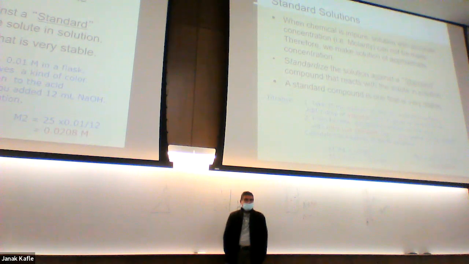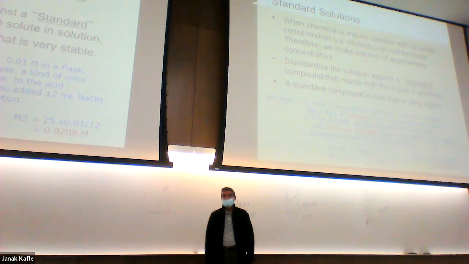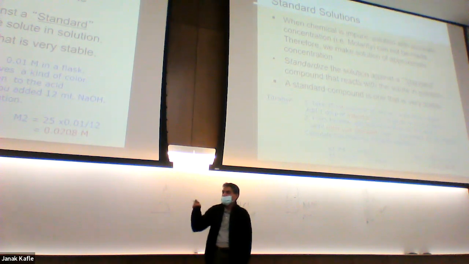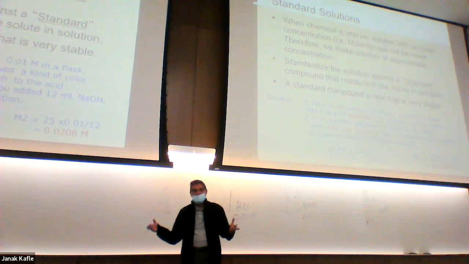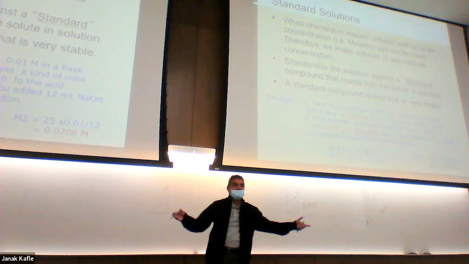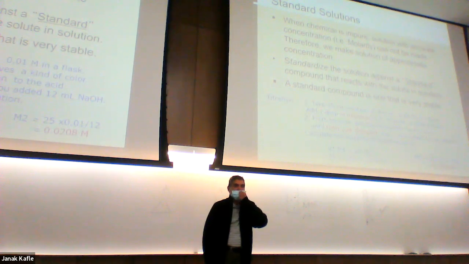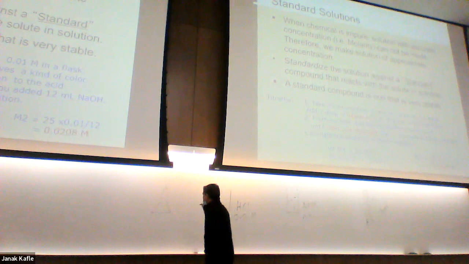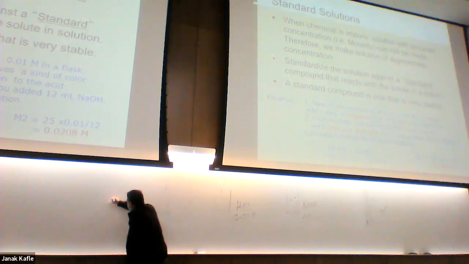Yeah. Now I need to put in an indicator. Indicator means if I put something in acid, it gives one color, but if I put that thing in the base, either it doesn't give any color or its color changes. Make sense? So I'm going to put in some indicator, a couple of drops. In this case, I put phenolphthalein.